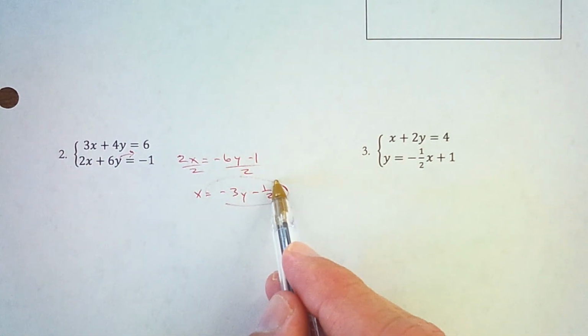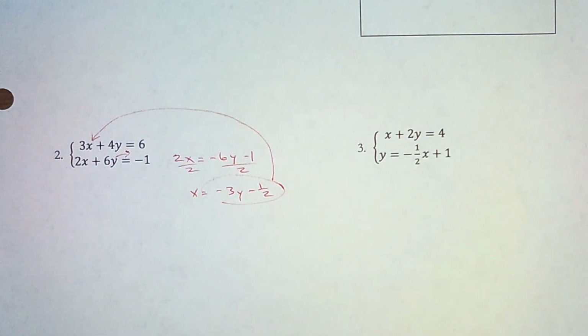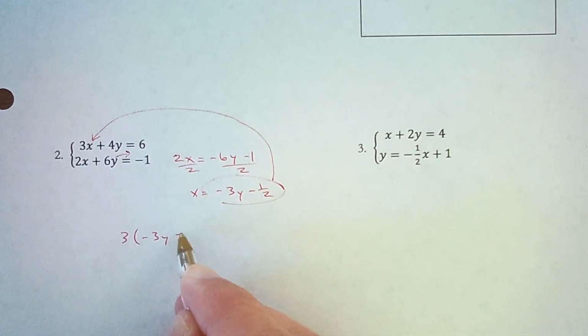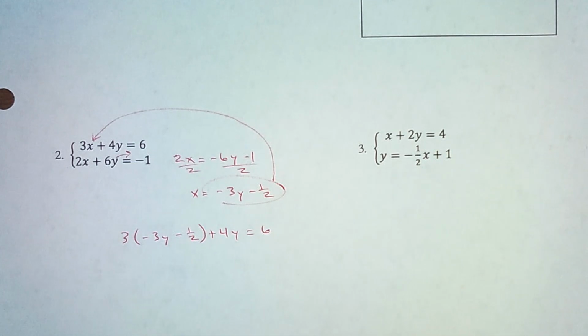I'm going to take this value of x and substitute it right there into the other equation. So that's 3 times negative 3y minus 1/2 plus 4y equals 6.